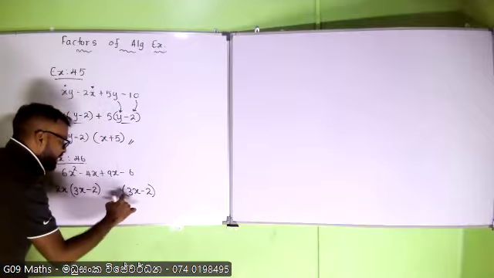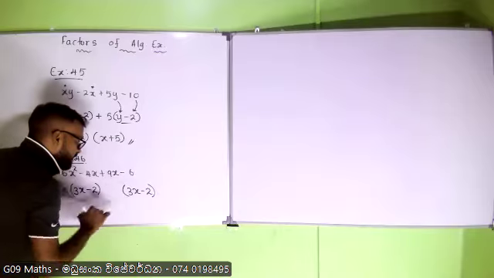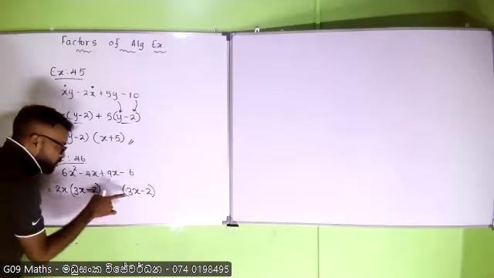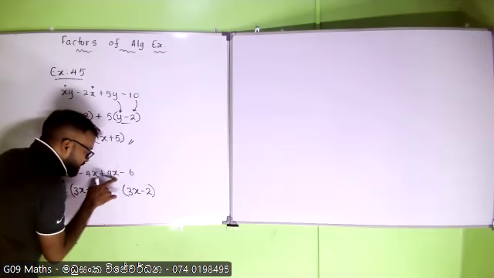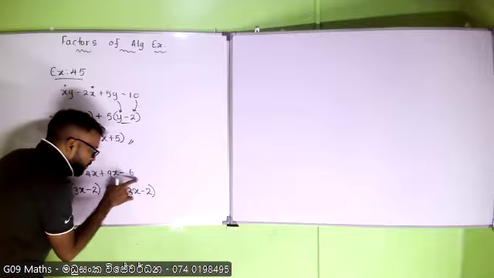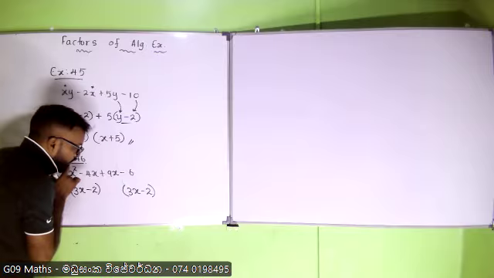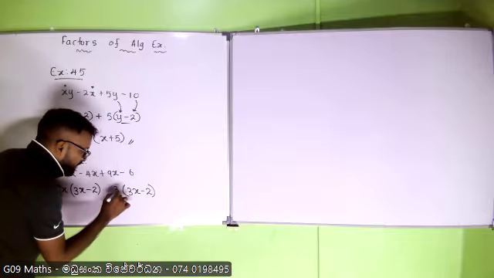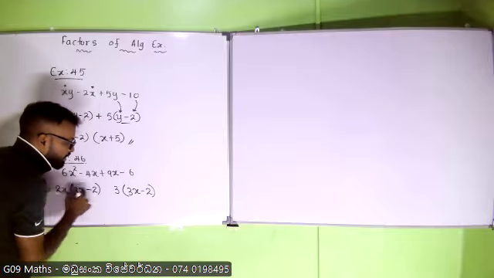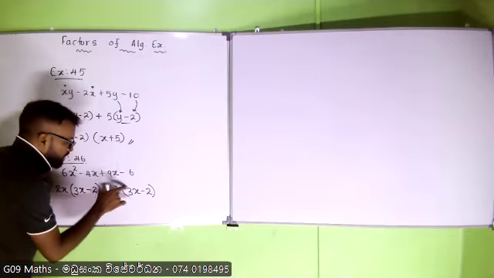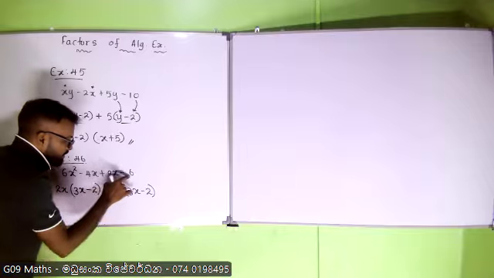So you are going to make sure that you have 3x minus 2 here as well. Same thing, a small easy thing. So you need to obtain 3x from 9x, and you are going to obtain 2 from 6. So 9 becomes 3, definitely you are going to take 3 as the common term, and 6 becomes 2. 3 times 2, 6. 3 times 3, 9. 9 divided by 3, 3. 6 divided by 3, 2.